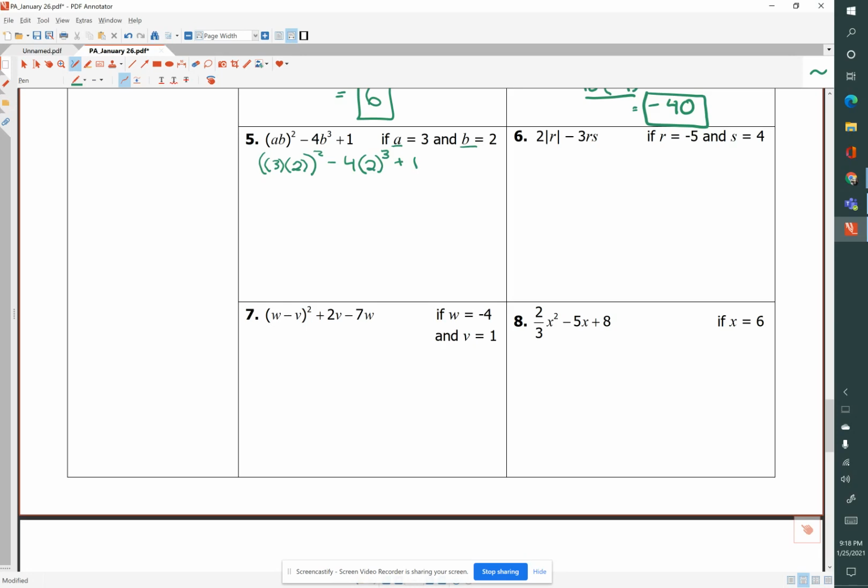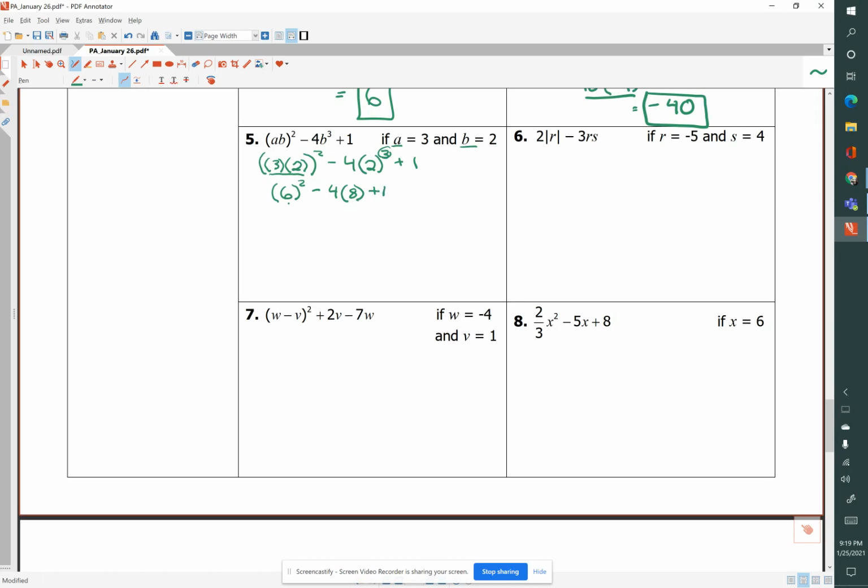So grouping symbols, exponents. I think what I need to do is work inside this grouping symbol here. 3 times 2 is 6. So I will have 6, and that is to the second power, minus 4. Now I've got another exponent here. 2 to the third power is 2 times 2 times 2, which is 8, plus 1.